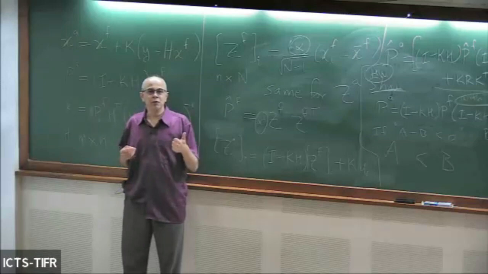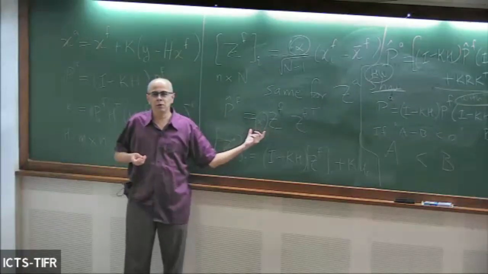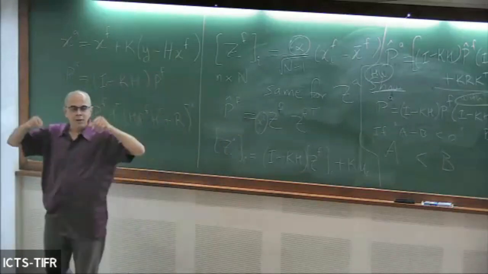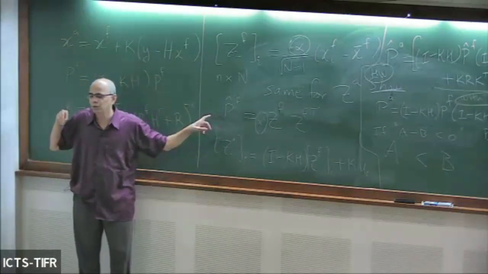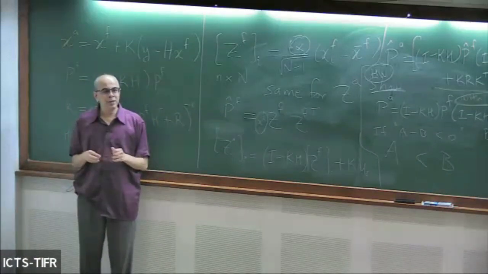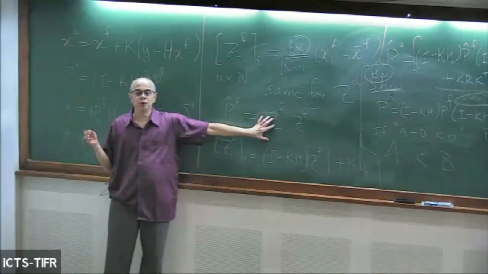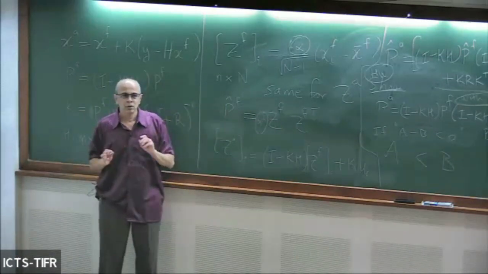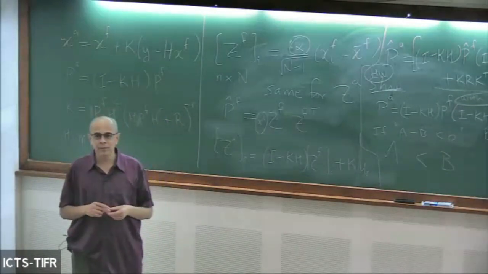If alpha is larger than 1, this will be larger than what it would be without alpha. So the eigenvalues of the covariance, which give you the uncertainty, will be larger compared to if you don't use alpha. Of course, if you use alpha less than 1, then the variances will be smaller. So usually alpha larger than 1 is what is called inflation.